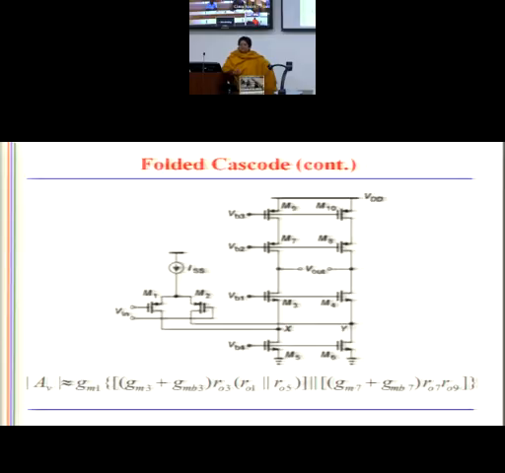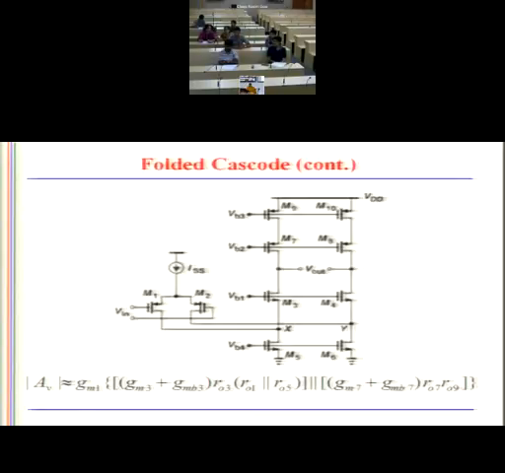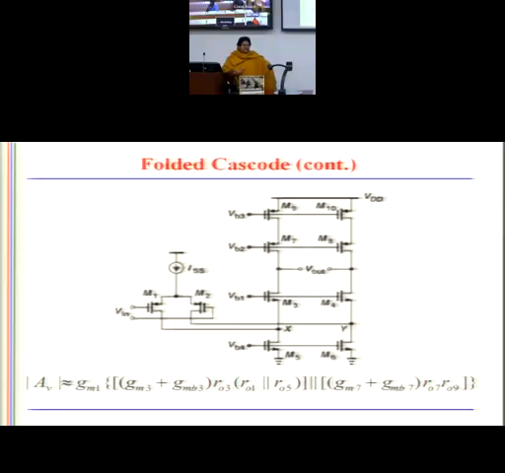Yes? Okay, Kirti. Which has the highest R? Which node has the highest R out? Highest R out. I think it is the output node. Correct. Because the highest R out is going to be gm ro square parallel gm ro ro parallel ro.